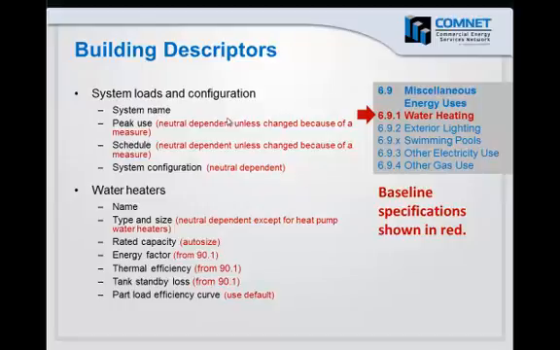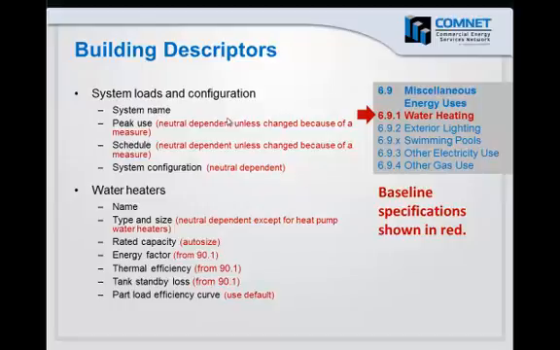So that's left there. Water heaters themselves, that's the equipment within the system configuration that provides the heat. The building descriptors are name, type and size, capacity, energy factor, or thermal efficiency, depending on the size of the water heater. Sometimes there will be a tank standby loss, and then there will be a part load efficiency curve.